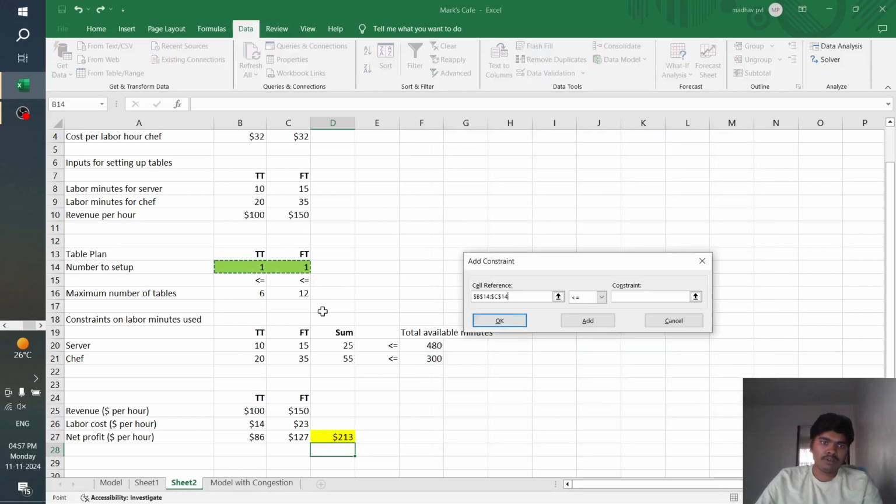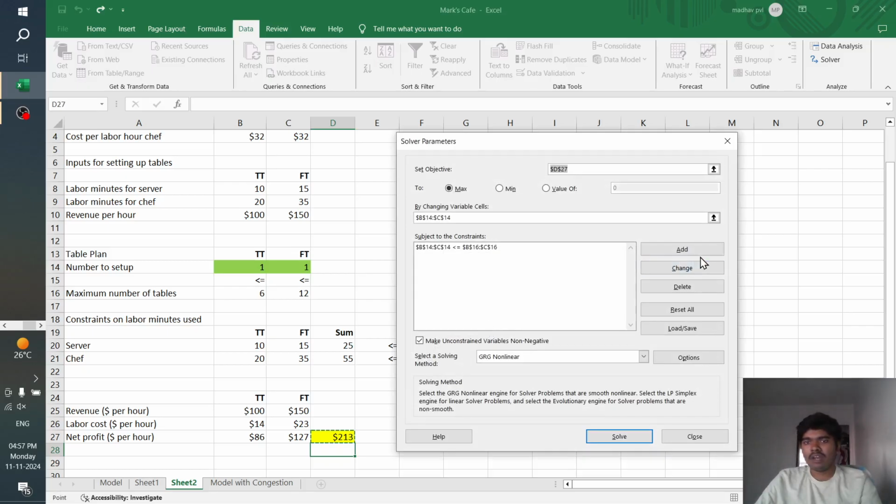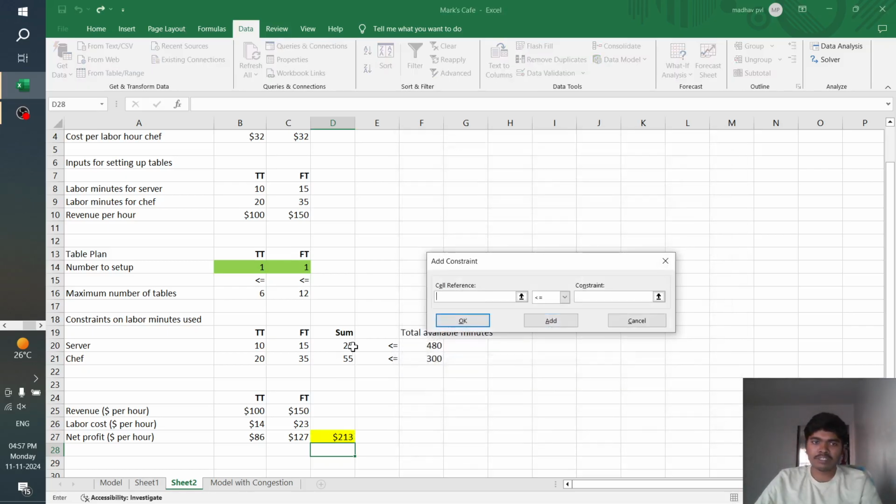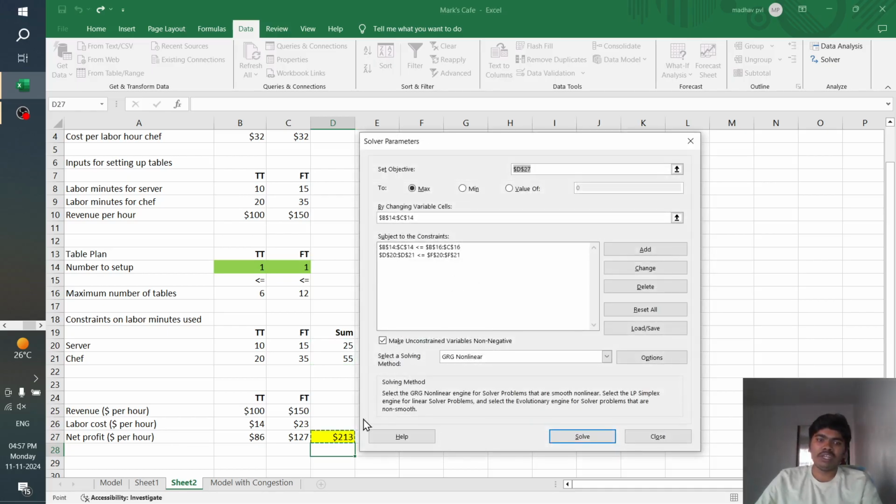The number of tables should be less than the given constraint. As I said, this is the maximum space of a cafe. And we also have another constraint which says we have only this much total available minutes, and we need to add this also. I think this will be fine.